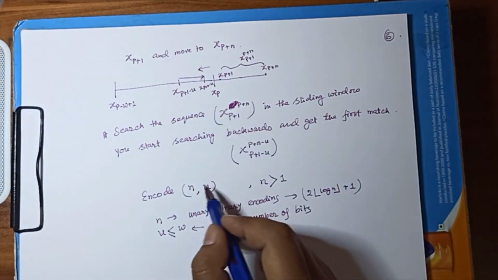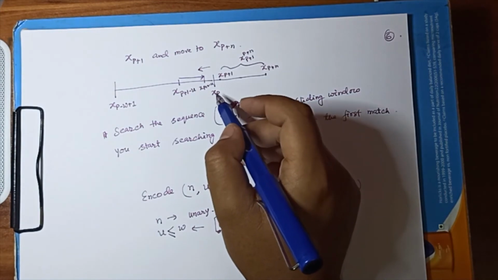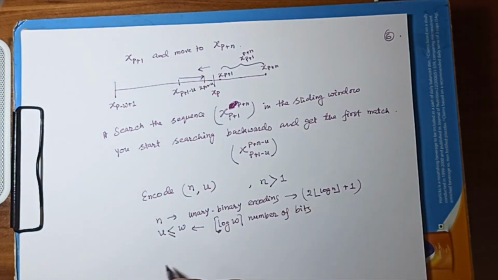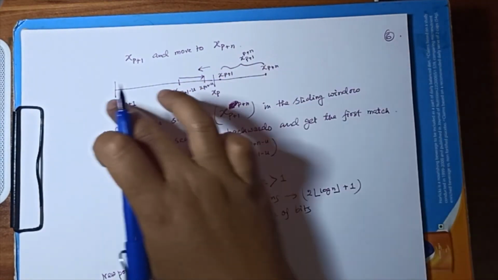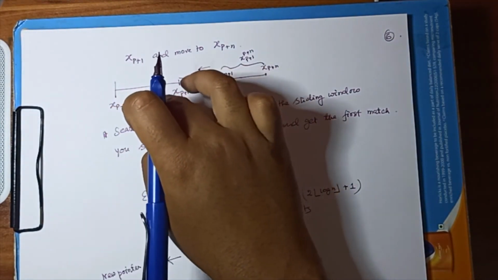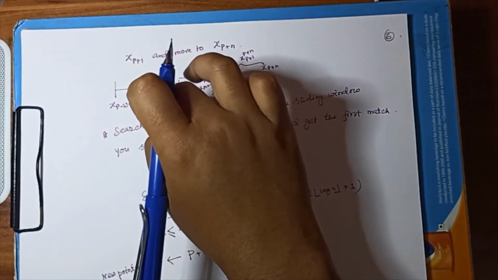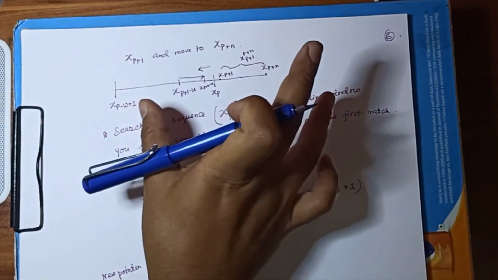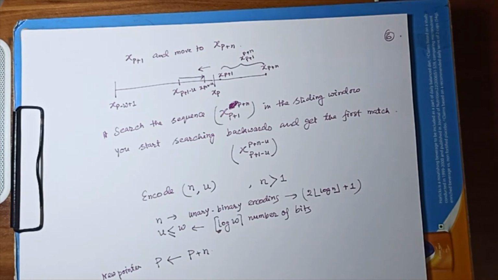And once that encoding is done, you move your pointer from xp. So you make p to p plus n. That will be your new pointer. You move xp to p plus n, and xp minus w plus 1 to xp plus n minus w plus 1 also moves. So that will be your new sliding window.